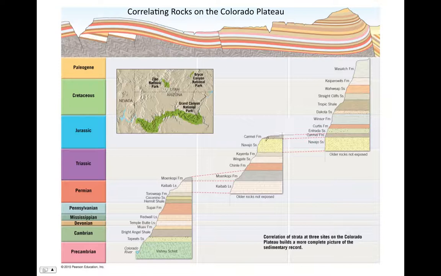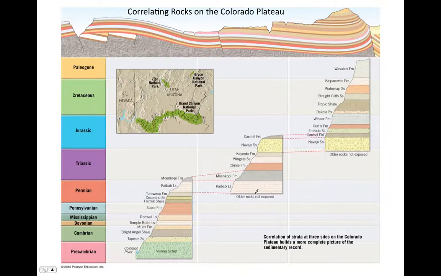So we can correlate these rocks and say, if these are the same rocks, they formed at the same time. By correlating the Carmel Formation and Navajo sandstones, you can then make the assumption that the younger rocks at Bryce Canyon used to be at Zion National Park. They have just been weathered and eroded away.